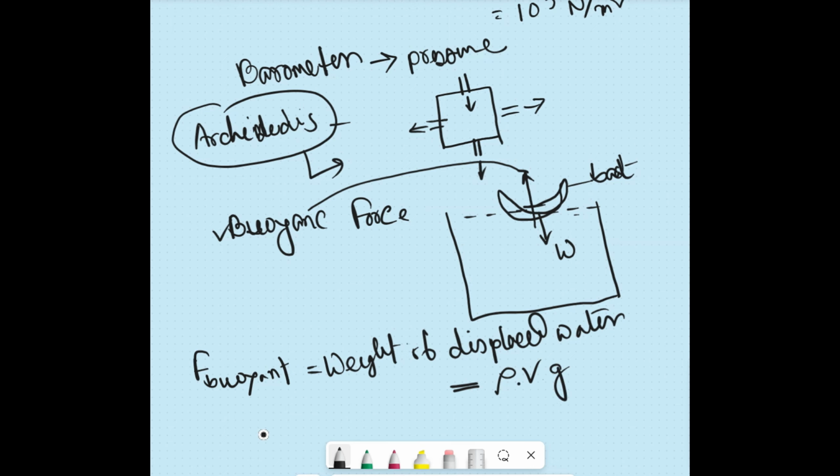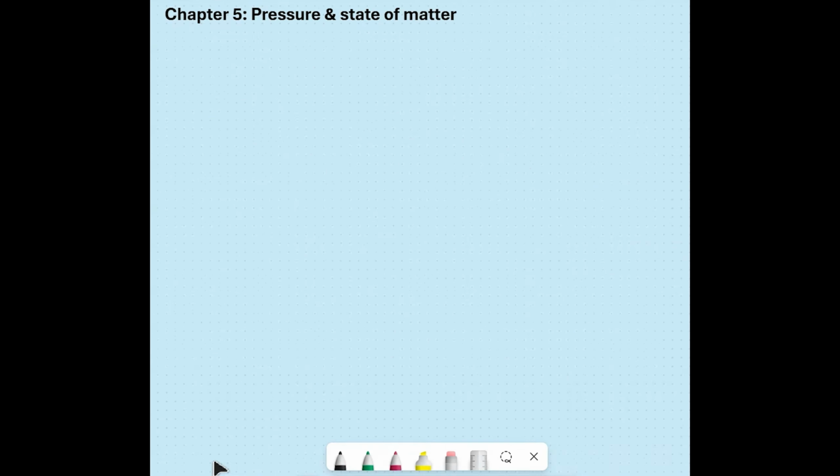So if there is a container full of water, and if we keep an object here, due to the weight of the object, the same amount of water will fall here. This is actually the very basic concept of buoyant force.